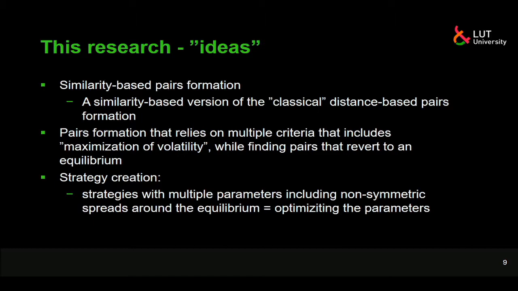We could attempt pairs formation that relies on multiple criteria, that includes maximization of volatility, for example, because what you want to have are stocks that co-move, and then they have very, let's call it, violent changes in their values, so that the prices really create a very big distance, and then they come back very soon.